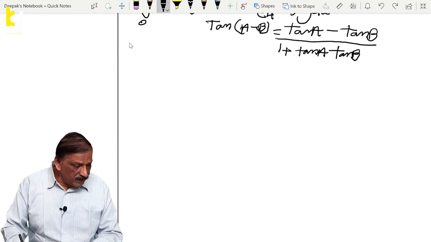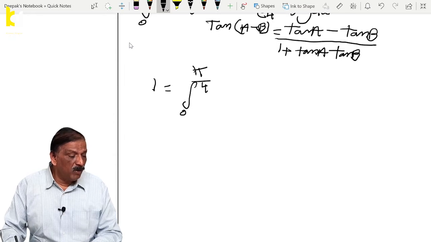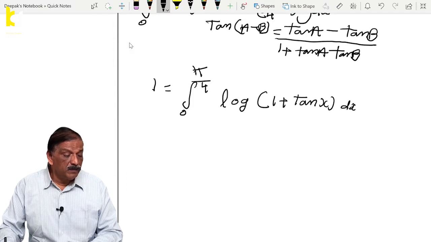The question, that is, let it be I equal integral 0 to pi by 4 log 1 plus tan x. That is the question. Let it be equation number 1.